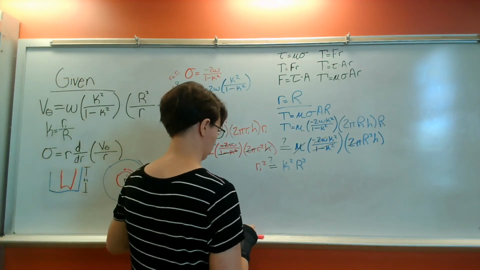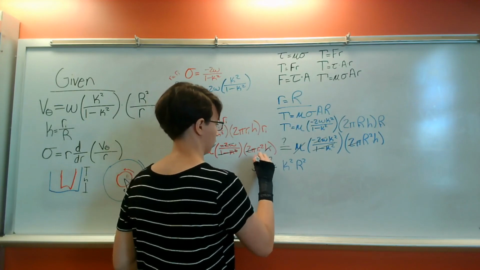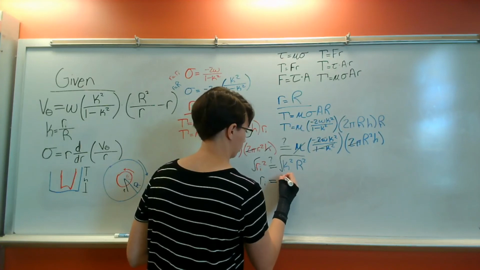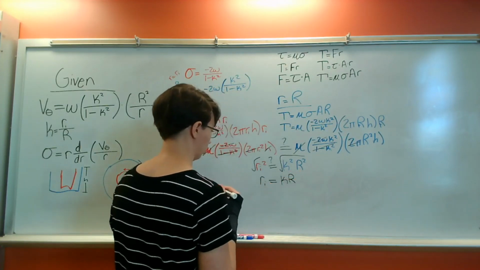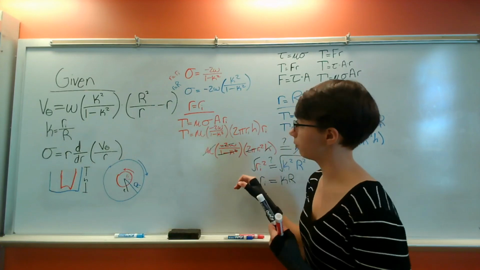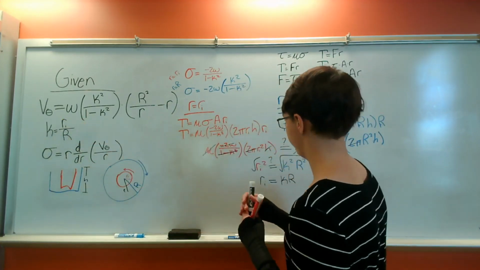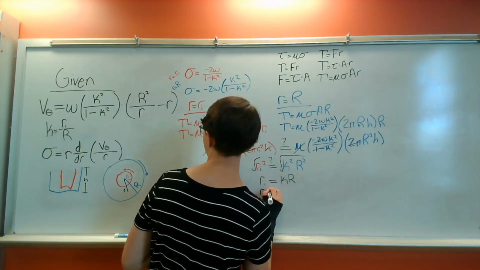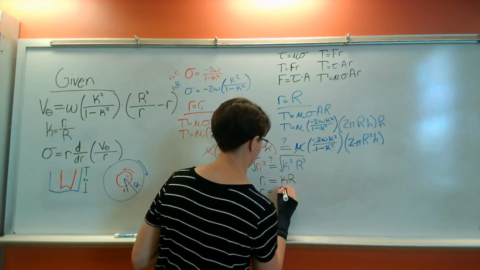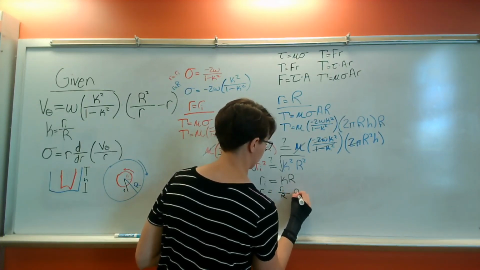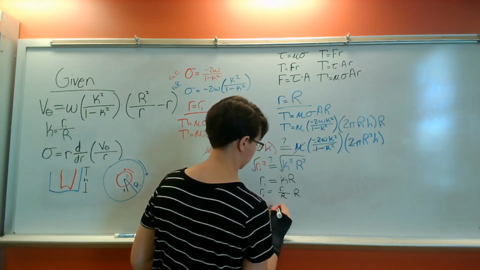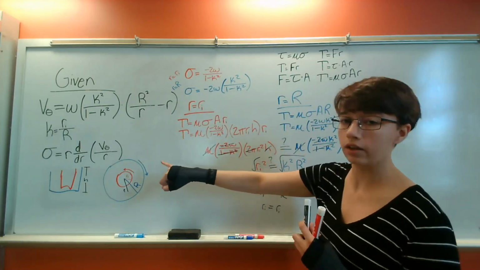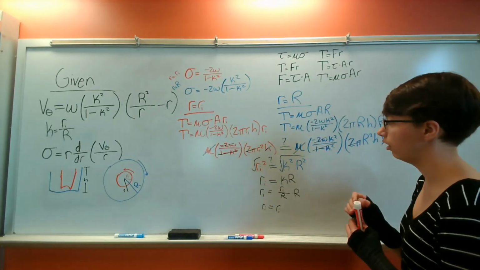Then you can take the square root of both, and we've got the inner radius is equal to k times the outer radius, which is the same relationship we have up here. So we plug that in for k, we get that inner radius equal to the inner radius over the outer radius times the outer radius, and therefore the inner radius is equal to the inner radius. And so our two torques, the torque on the inner cylinder and the torque on the outer cylinder, are equivalent.